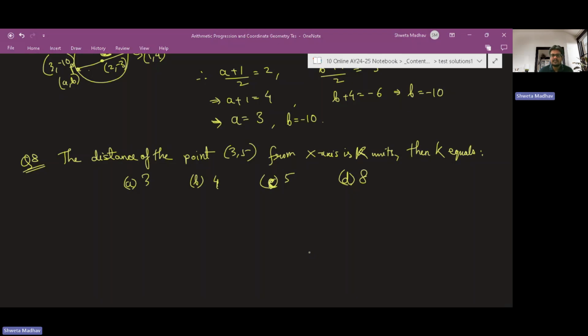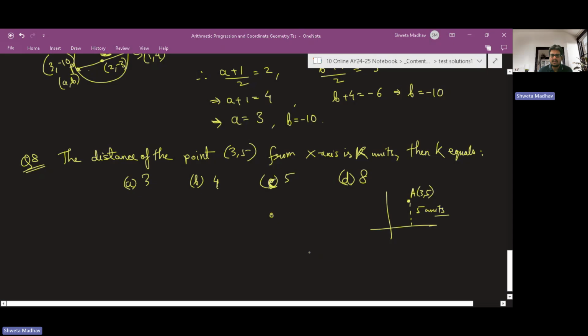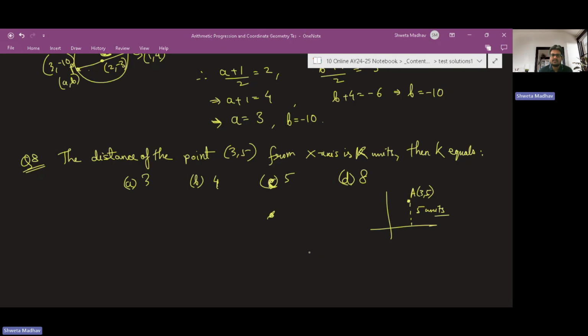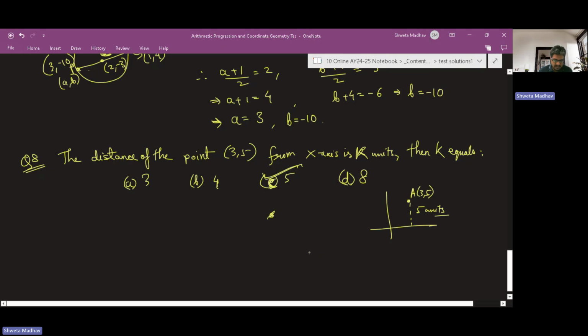From the x-axis, the distance of this point (3, 5) is 5 units only. Since we know that the distance of any point from the x-axis is equal to the ordinate of that point, the ordinate is 5, so the answer is 5. So option C is the correct answer.